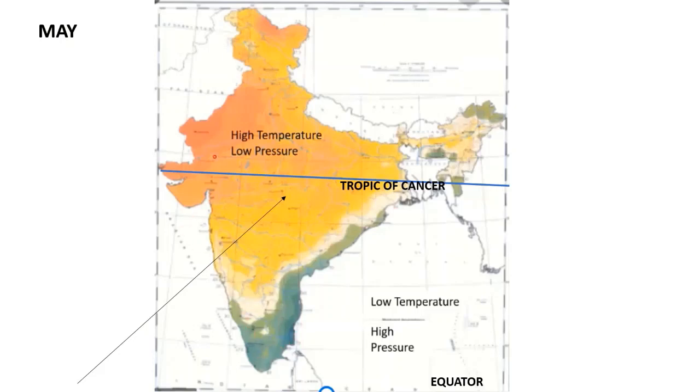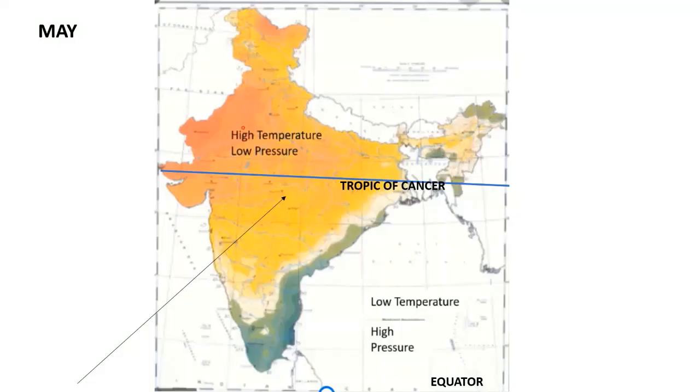So the high temperatures during this season lead to ascending air. Obviously, when the temperature is very high, the air becomes light and it starts to rise. And this is the time when at some places storms accompanied by convectional showers start occurring.